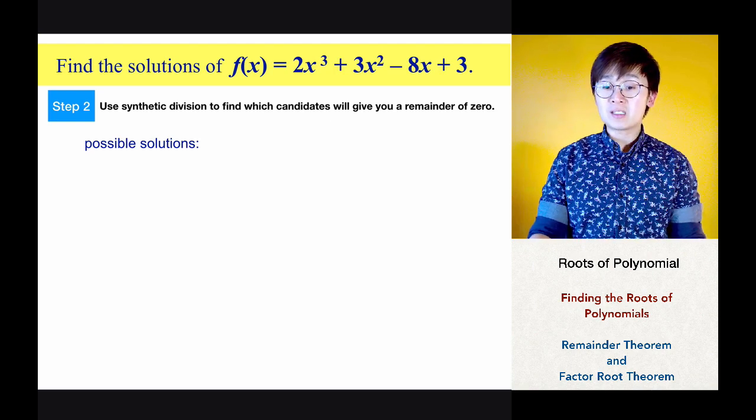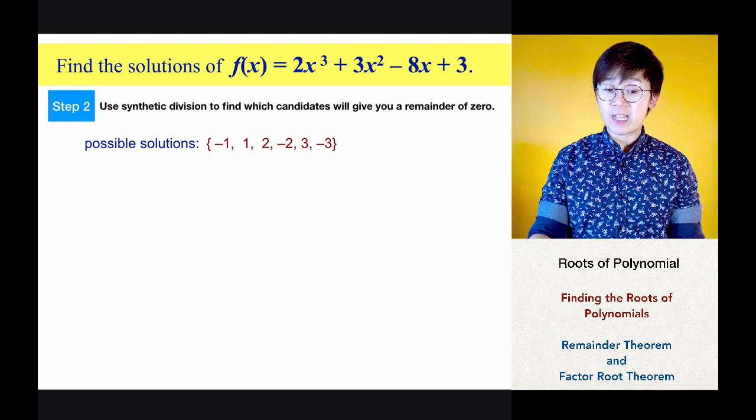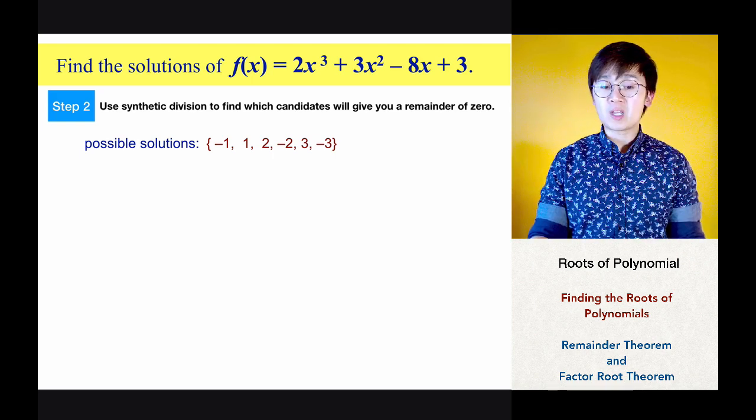So the possible solutions of this cubic function could be x equal to -1, 1, 2, -2, 3, or -3. Since this is a cubic function, we are expected to find at most 3 solutions as the roots of this polynomial.